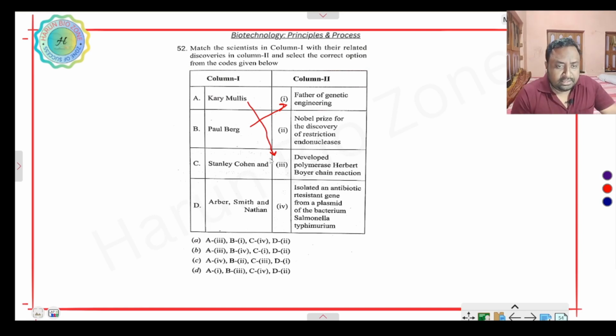A3, B1. So Stanley Cohen isolated an antibiotic resistance gene from a plasmid of the bacterium Salmonella typhimurium. And Arber, Nathans and Smith got the Nobel Prize for restriction endonuclease. A is the correct option.